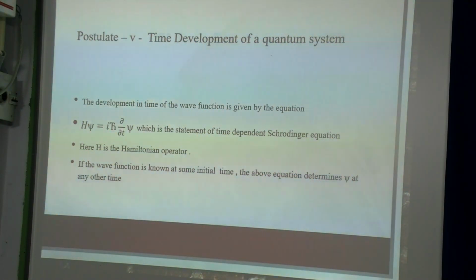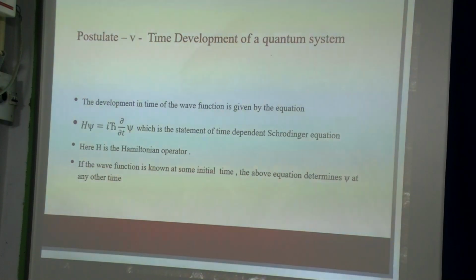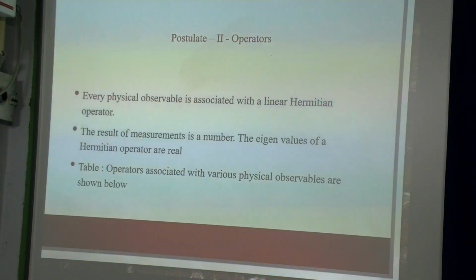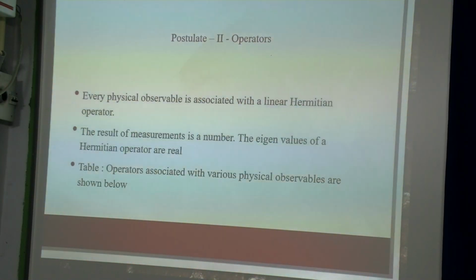So, postulate 1 is concerned with the eigenfunction, which gives the state of a system which is described by a wave function. Next, postulate 2, which is concerned with the operator.